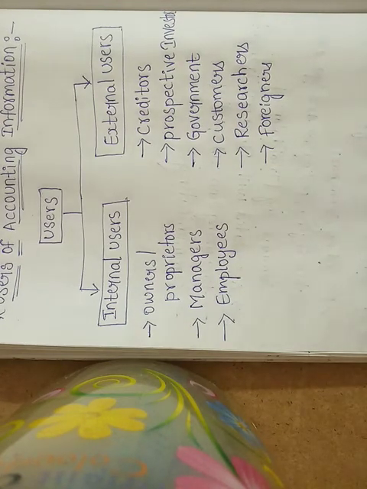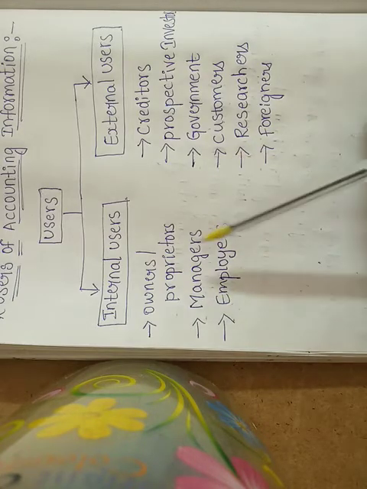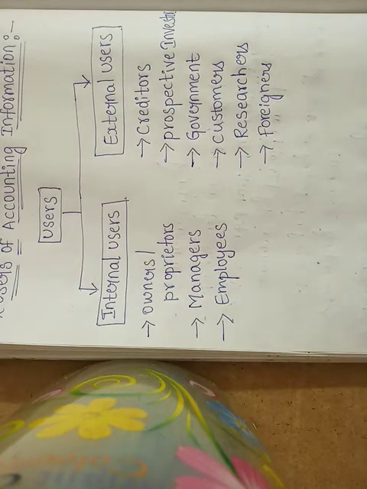Next is managers. Managers, in case of large industrial organizations, are where the owners and the managers are different. The owner is different, the managers are different. What work is done by the managers?